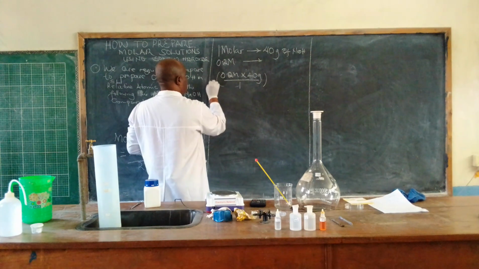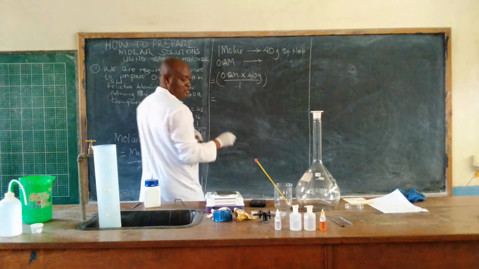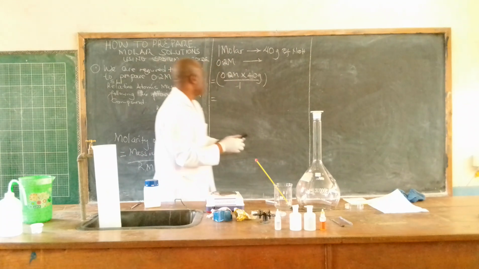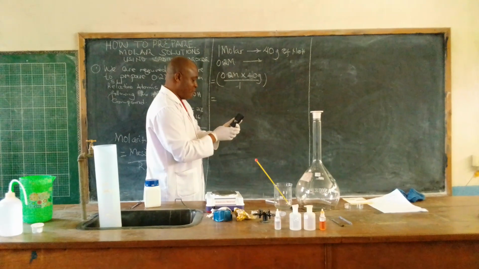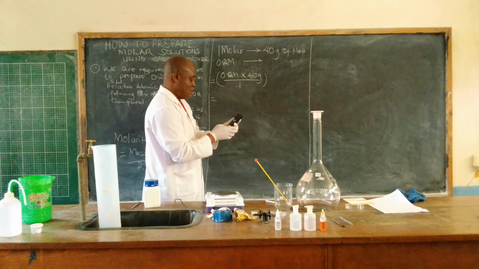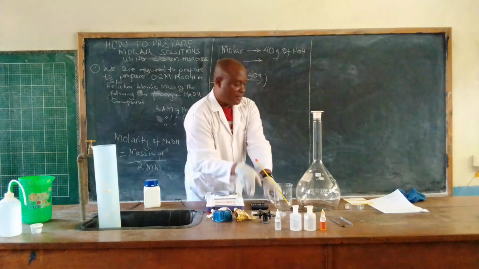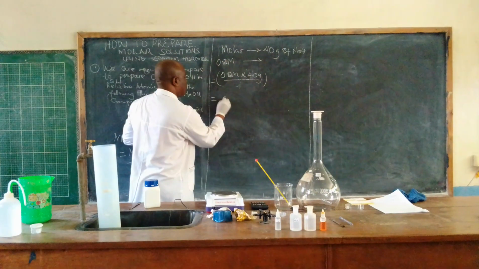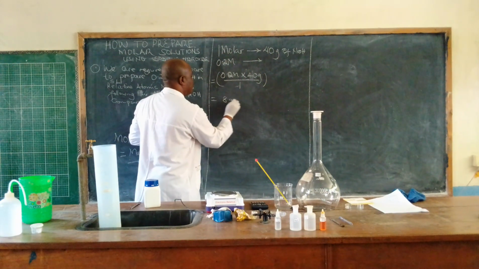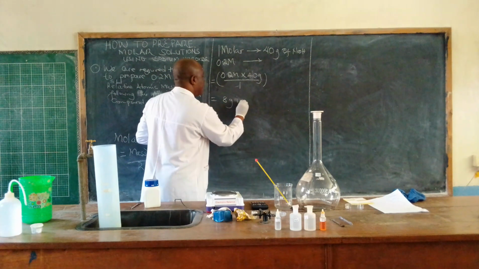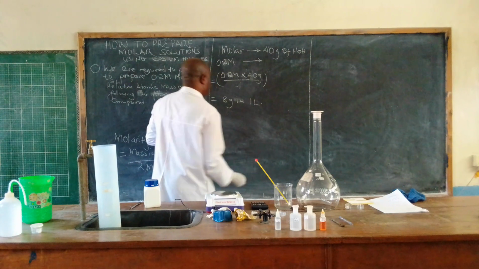So we are supposed to weigh how many grams here? We go back to our calculator. We say 0.2 times 40. It is giving us 8 grams. We are supposed to weigh 8 grams in 1 liter.